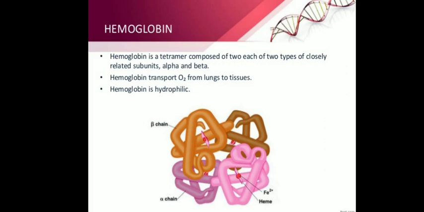Hydro means water and philic means loving. It is generally present inside the liquid portion of the blood. Hemoglobin is found in the RBCs, and it is a tetramer made up of four polypeptide chains held together by non covalent interaction.